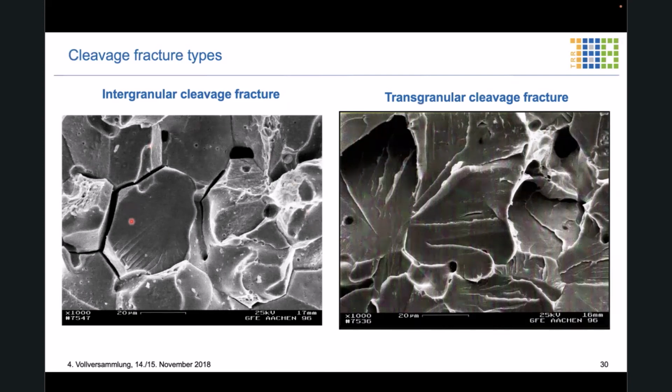The example you see over here of intergranular cleavage fracture was due to making use of phosphor as an alloying element in the corresponding steel. Phosphor tends to segregate at grain boundaries, which weakens the grain boundaries, and that has led to the observation that the crack propagated along the grain boundaries.